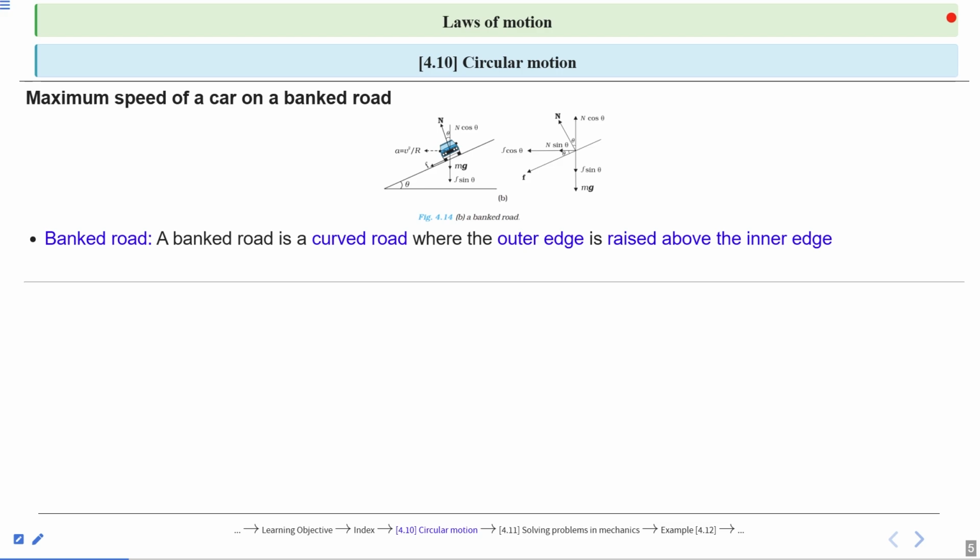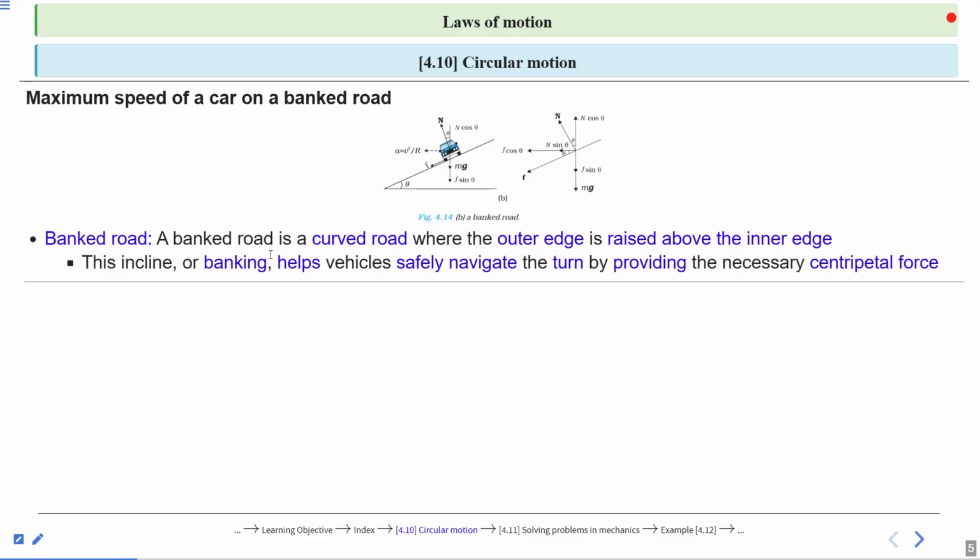A banked road is a curved road where the outer edge is raised above the inner edge. So here the inner edge is this one and the outer edge is this one. The outer edge is raised above the inner edge.